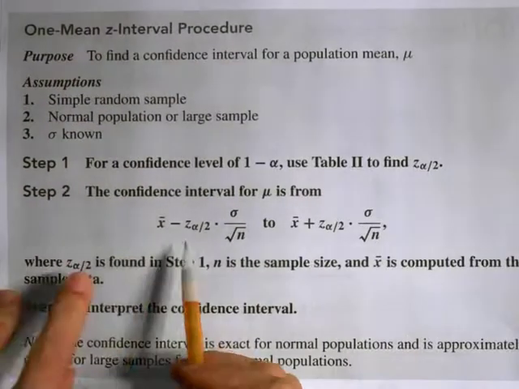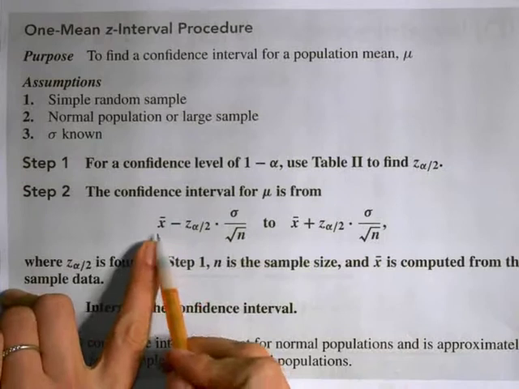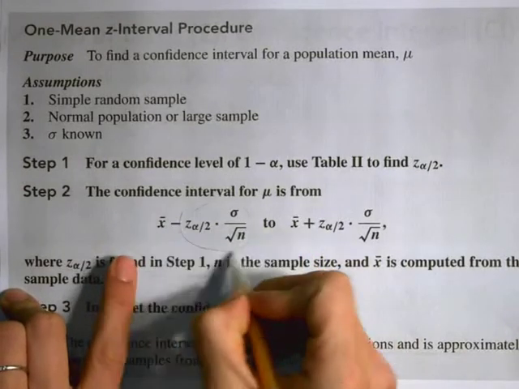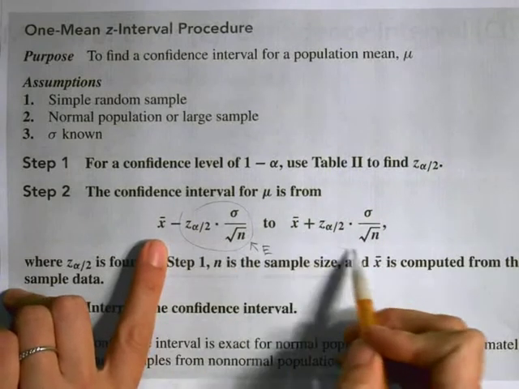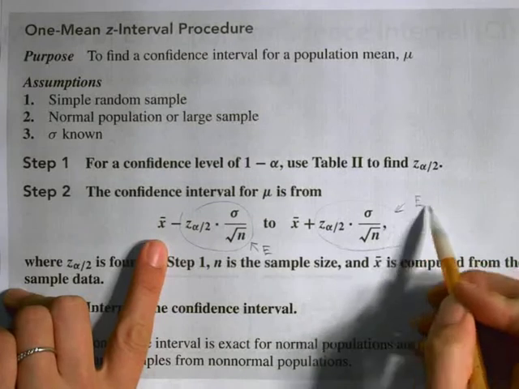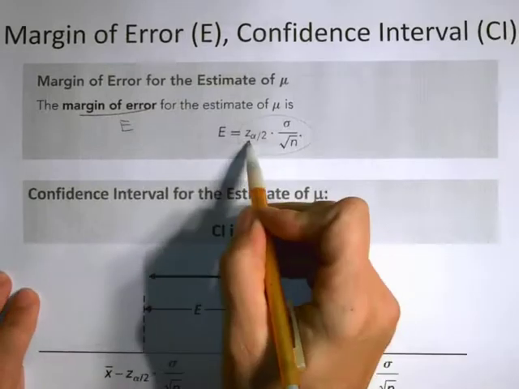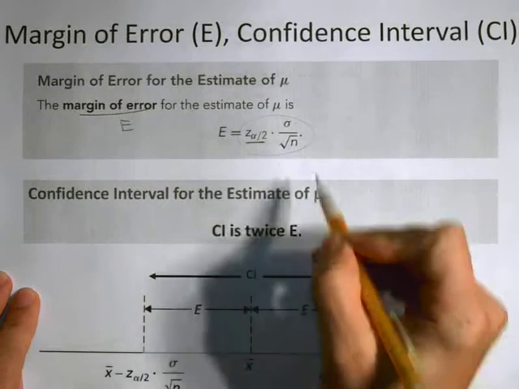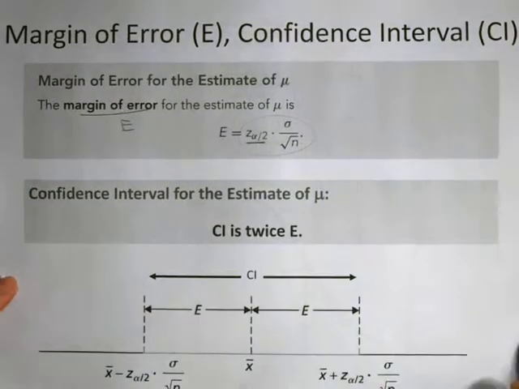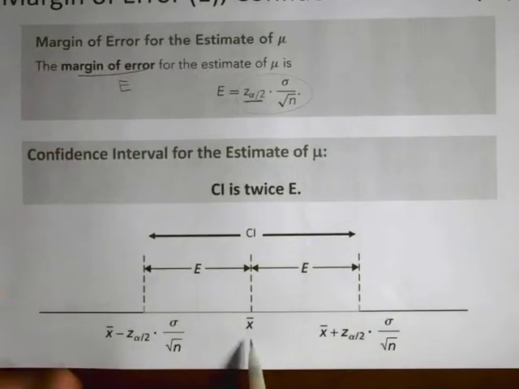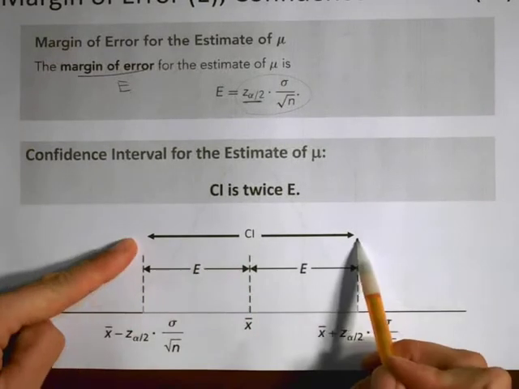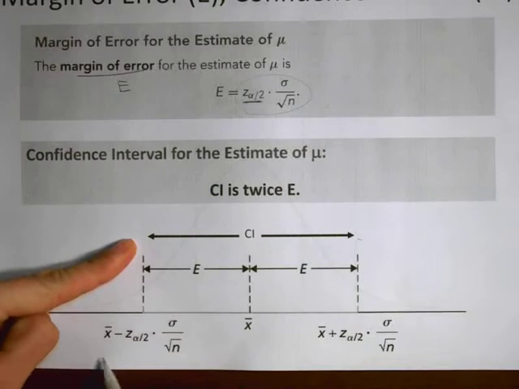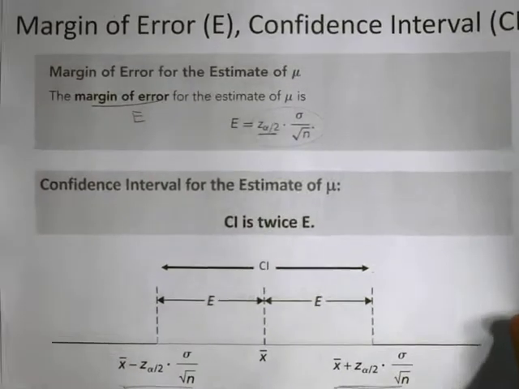So here's the procedure: our confidence interval is X bar minus E, our margin of error, up to X bar plus E. So E, the margin of error, is Z of alpha over 2 times the population standard deviation divided by the square root of the number of samples. And when we look at this, we'll have a confidence interval which extends through twice the margin of error, and it goes from this lower bound up to this upper bound. So that's the procedure that we're going to follow.